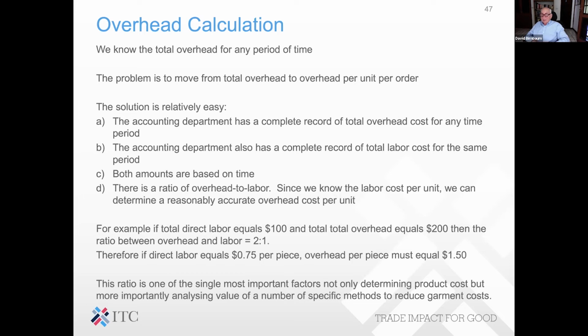We just calculate the relationship, the ratio, and the accountants can give you this. This overhead is one of the most important factors determining product cost. But more importantly, it's an important method of valuing what's happening in the factory.